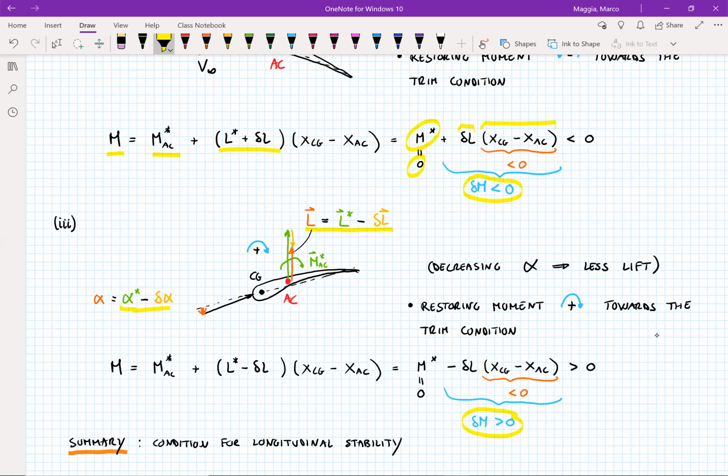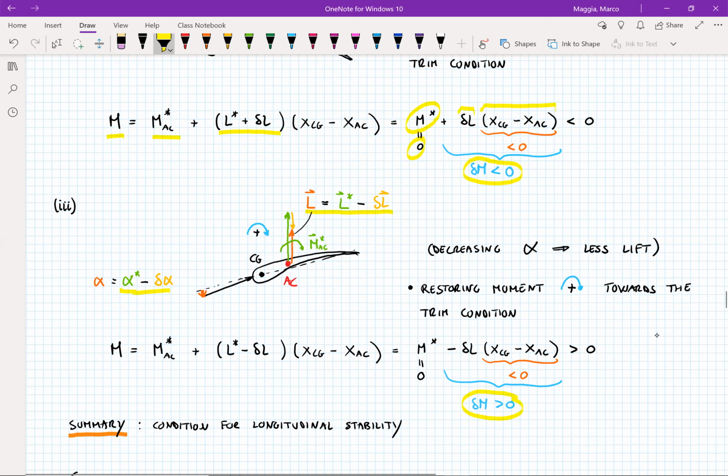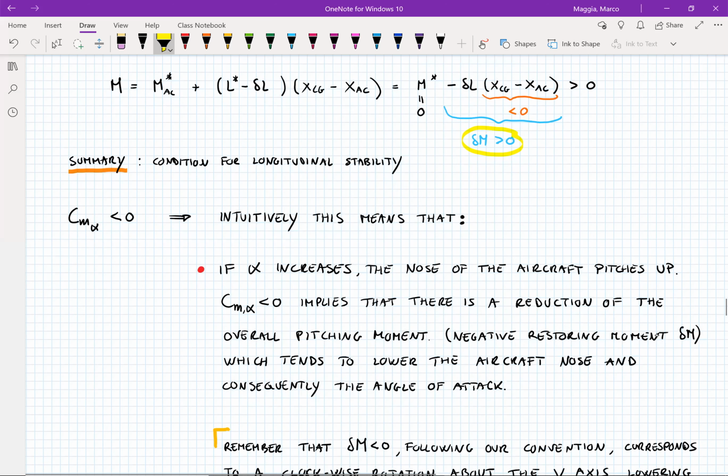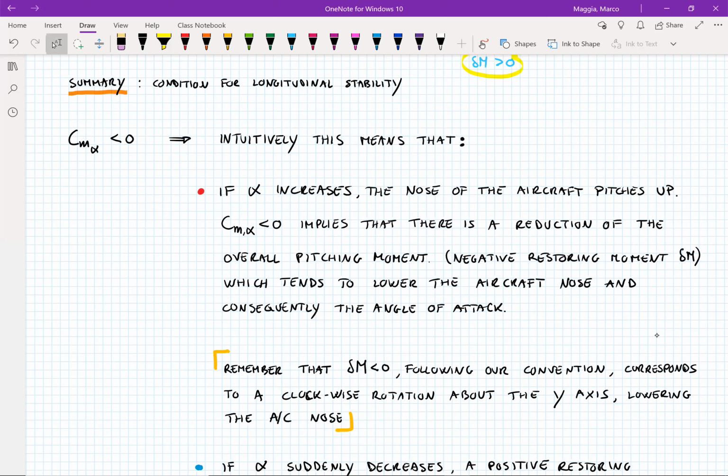A positive pitching moment will cause the nose to go back up, and therefore the angle of attack to increase as well. All right, so to summarize, the condition for longitudinal stability is that the derivative of Cm with respect to alpha has to be negative.